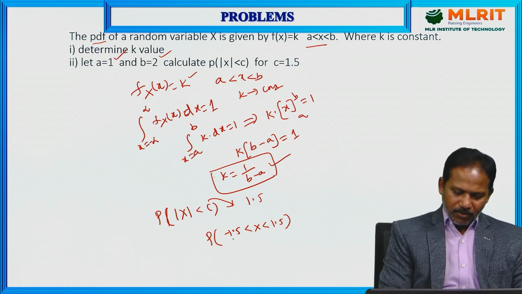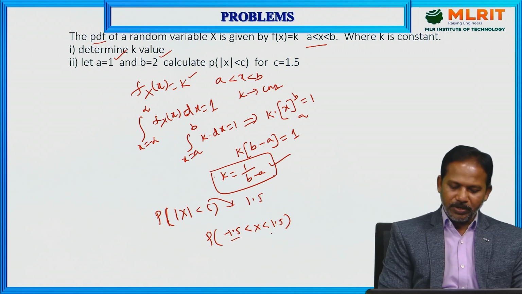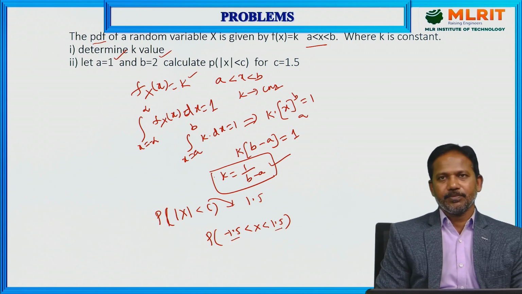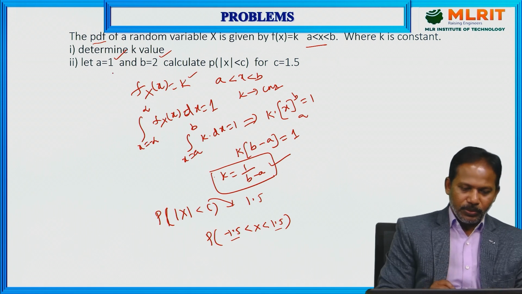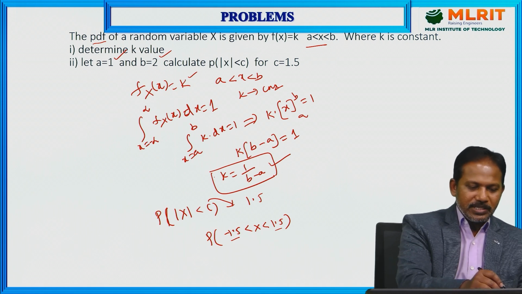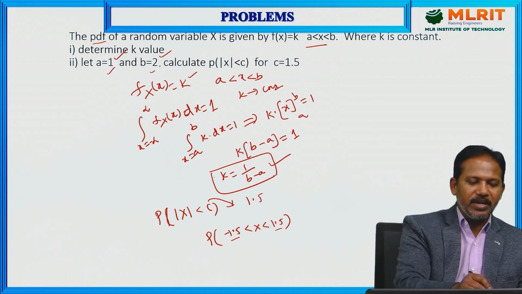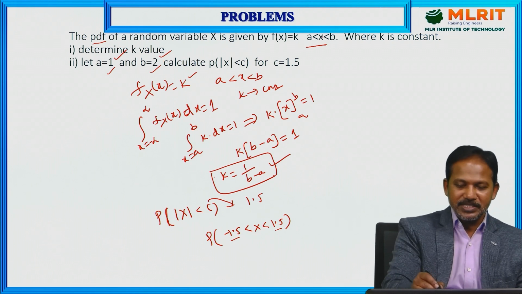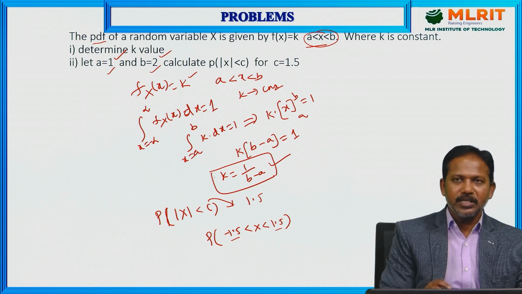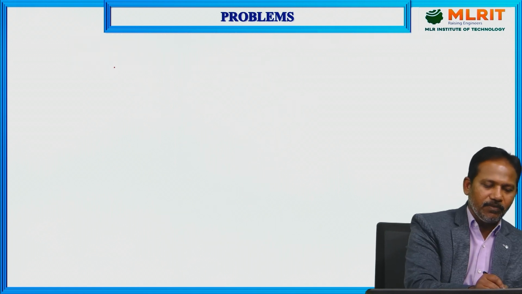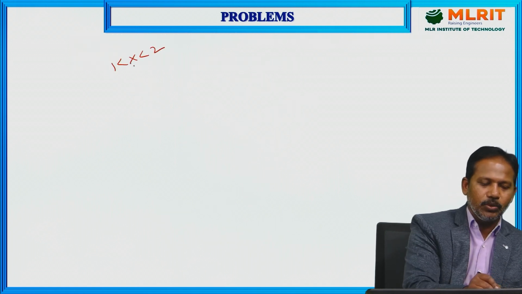See here, I want to find the probability of this random variable between minus 1.5 to plus 1.5. But what he is telling, a will be taken as 1 only, b value will be taken as 2 only. Why? Because my random variable is varying between a to b. So by using the given data, I can write 1 less than x less than 2 only.